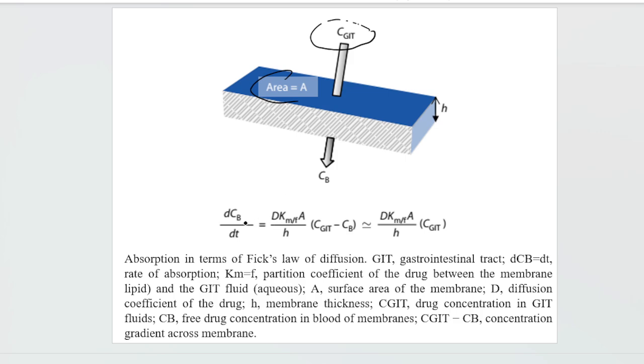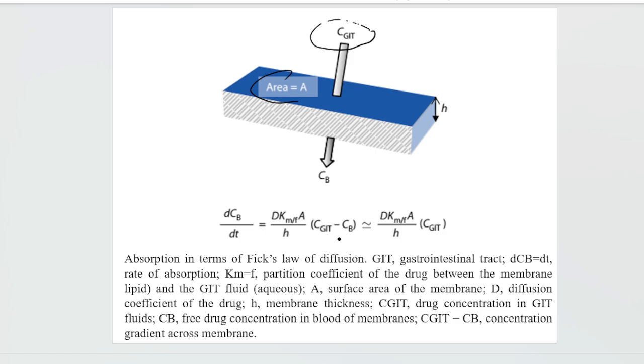So dC_B/dt is the rate of change of drug concentration inside the blood, I mean जब blood में drug concentration increase होती है with respect to time, so that way with the positive sign. D is the diffusion coefficient, K_m/f is the partition coefficient, A is the area, h is the thickness, C is the concentration in the GIT, and C_B is the concentration inside the blood.